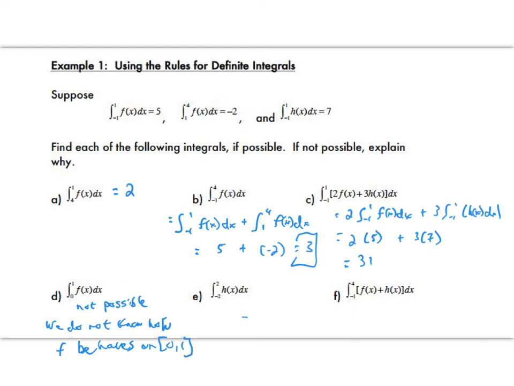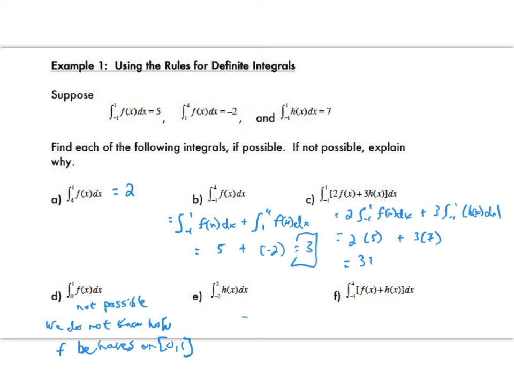Think about it. If the value is positive, we could have a whole bunch of area above the x-axis and some below that nets to 5, in some way, shape, or form. So if you cut the interval in half, you still don't know where that area is. It could be above, it could be below.